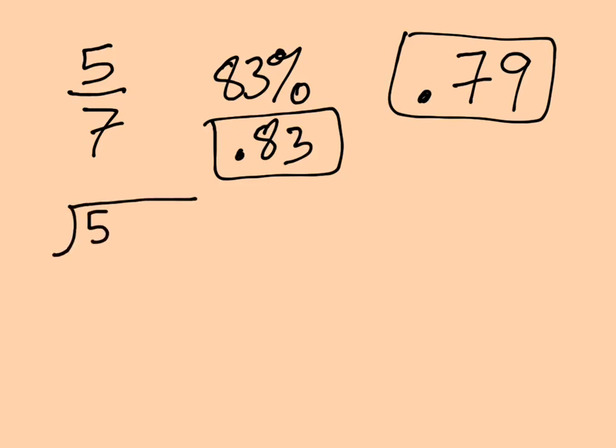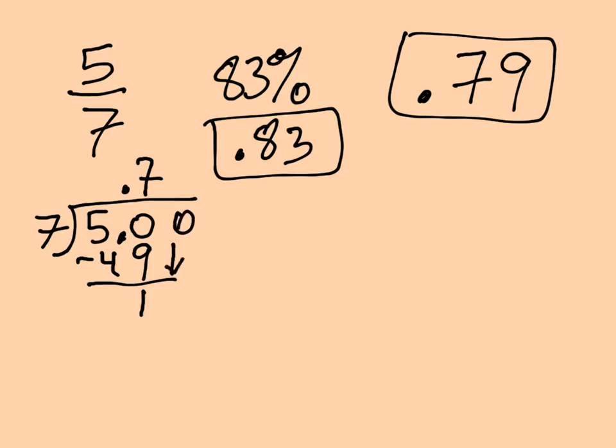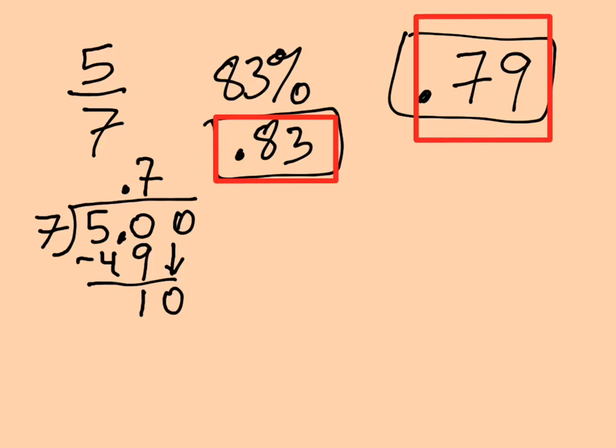We go 5 divided by 7. And we need to append a 0. That becomes 7. And we subtract 49, append a 0. And then notice how these are 2 decimal places each. We've got 2 decimal places on this one, 2 decimal places on this one. Well, let's go ahead and go 2 decimal places on the long division. 10, that would be 1 time. And is that enough to distinguish the 3? It is.